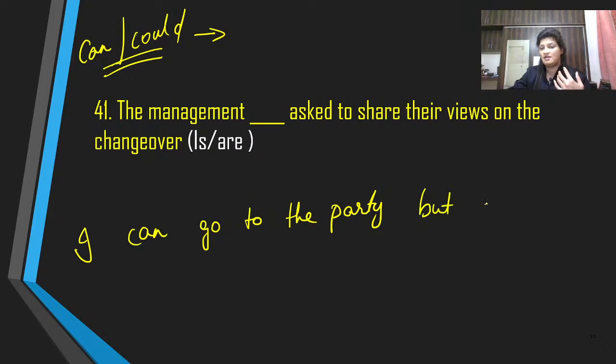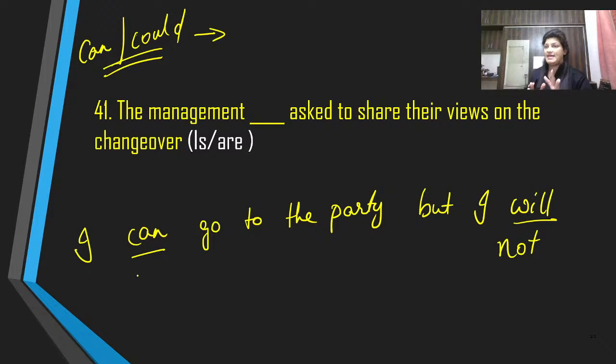Now you can see that we have used will and can both over here. When you say I can go to the party, it speaks about your ability to go. But then what about your willpower? You're not willing to go. Therefore, I will not go. So here will speaks about the willingness of whether the person wants to go or not. And can speaks about the ability. Can and could both speak about the ability.